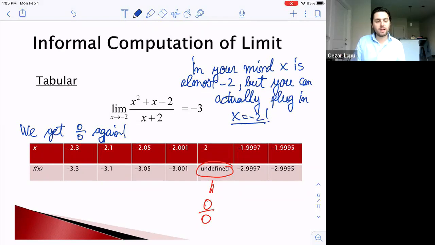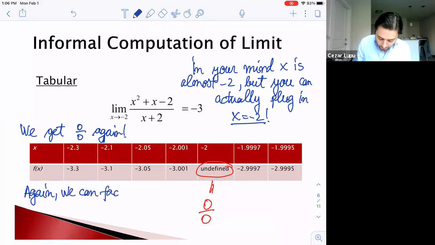So the main idea is to get rid of the x plus 2 on the bottom, right? So we can factor x squared plus x minus 2 as x plus 2 times what? x minus 1, right?